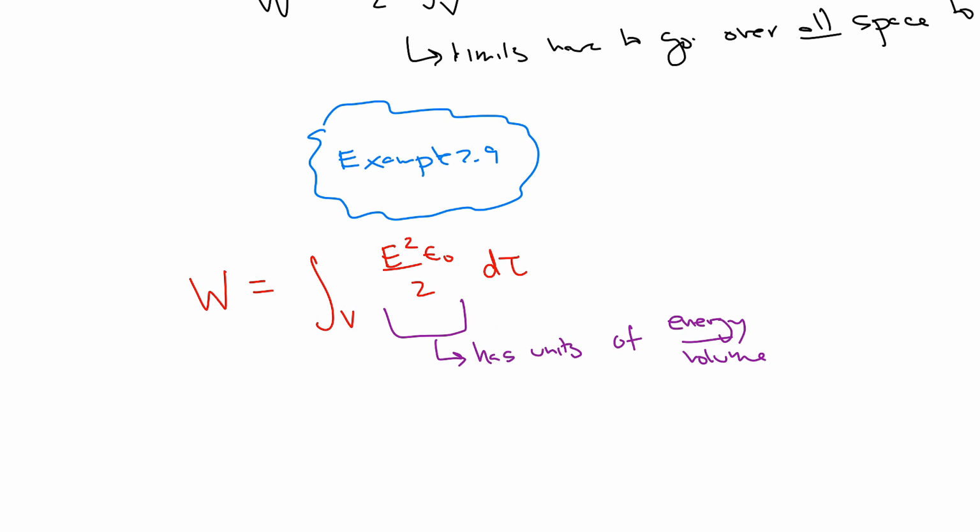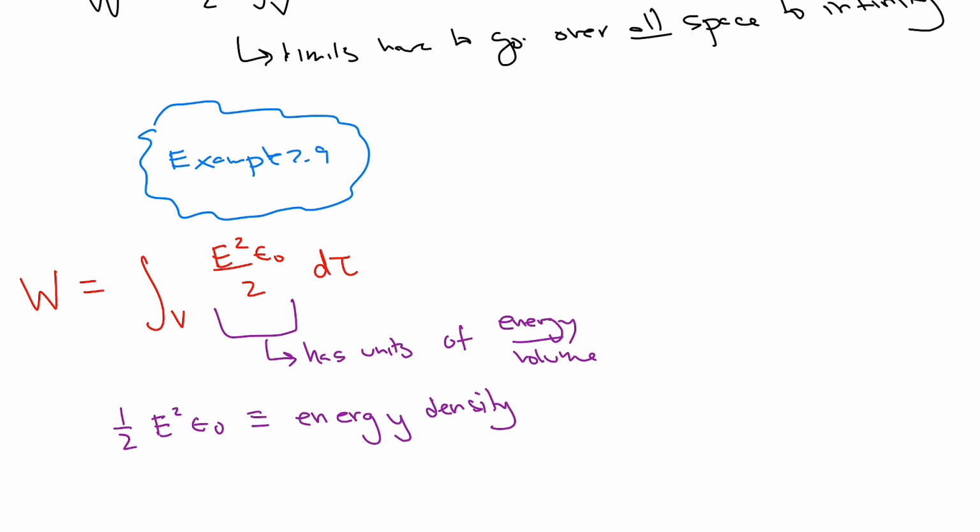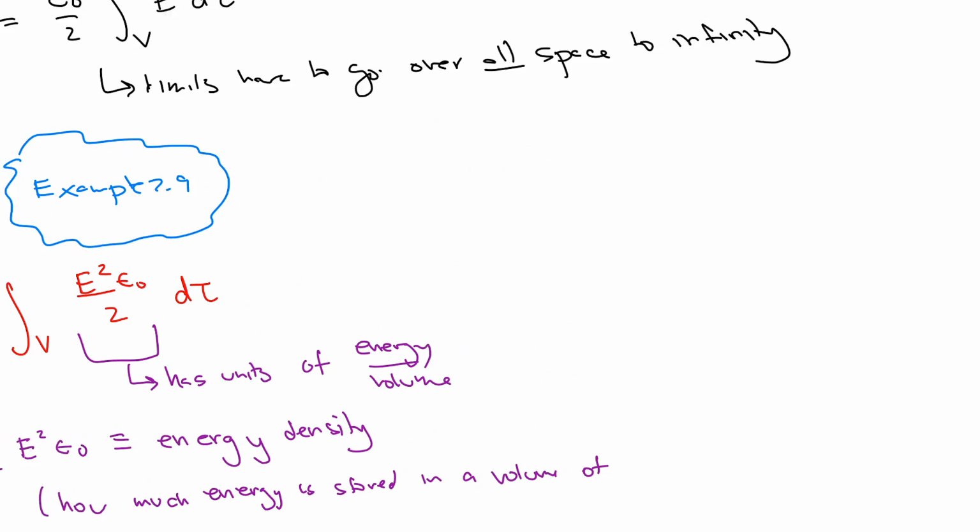So I can quantify this new thing, this 1/2 E squared epsilon naught, as something called energy density, and it's the amount of energy stored in a parcel or a volume of electric field. Basically it's saying how much energy is stored in a volume of electric field.